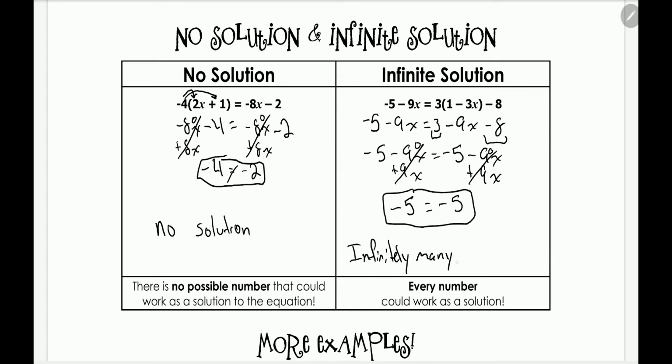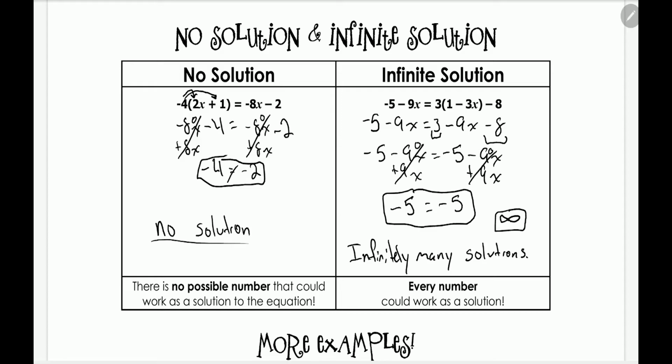Infinitely many solutions. And what you can do to save yourself from writing that each time is to draw the little infinity symbol and put a box in it. And for the no solution one, I want you to write out no solution each time.